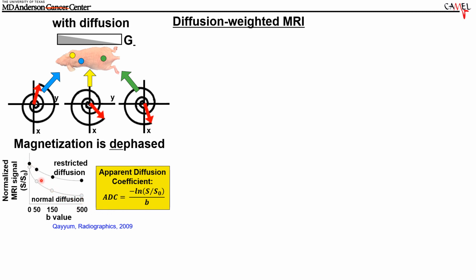Well, this rate of loss of signal can be mapped out according to a so-called b value, a parameter that you can change in this diffusion experiment with MRI. And then this rate of loss can be calculated, and that is related to the apparent diffusion coefficient. So we can measure diffusion in a glass of water with no barriers around the water molecules, in a homogeneous glass of water. But if we start to put barriers in the way, now the diffusion of the water will look like it's decreased, and we call that apparent diffusion.